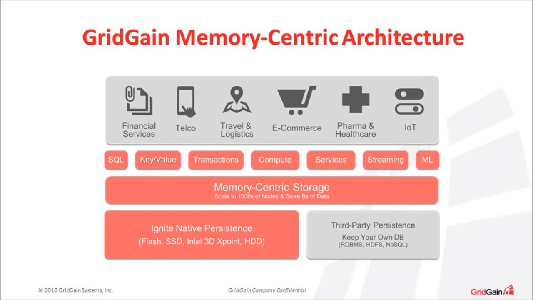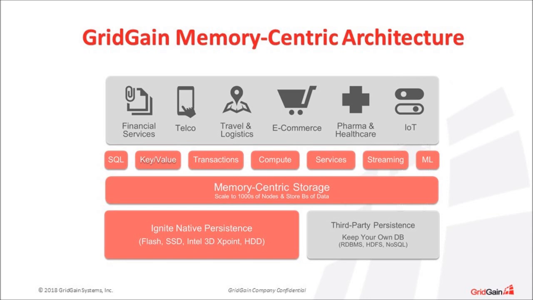In our case, it's important that we are able to integrate with a third-party database. As I mentioned, for established enterprises, to replace a database is a very difficult task. Essentially, you just never can do it in one go. First, it's much easier to introduce an in-memory layer on top of a database.